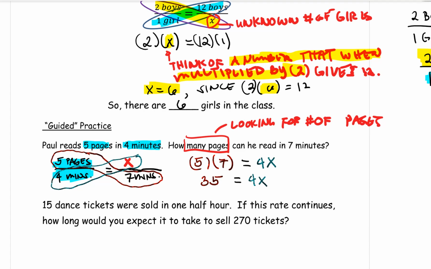So I have here 4x is equal to 35. I'm just going to make the 4x into x, and to do that I will divide by 4. Since I'm dividing one side by 4, you also do that on the other side. So 4 over 4 gives you 1.